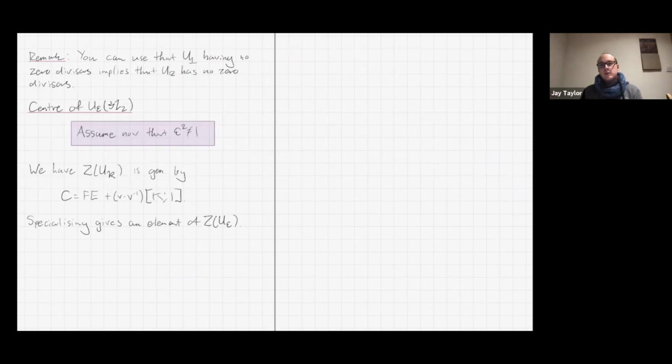So we know what happens when epsilon is not a root of unity: we get the same answer, it's just generated by the Casimir element. So let's assume epsilon is a root of unity.